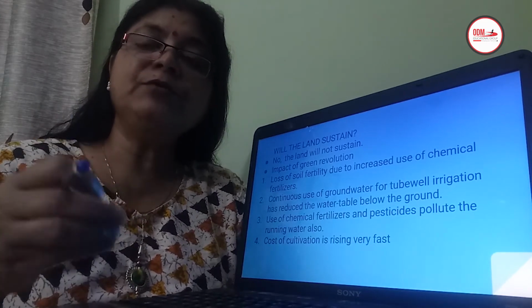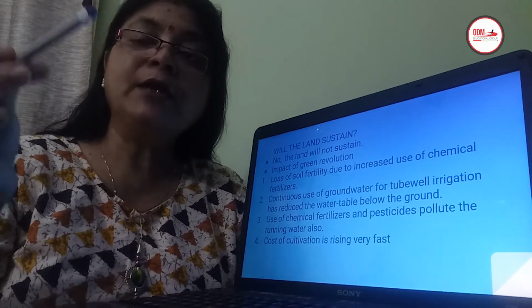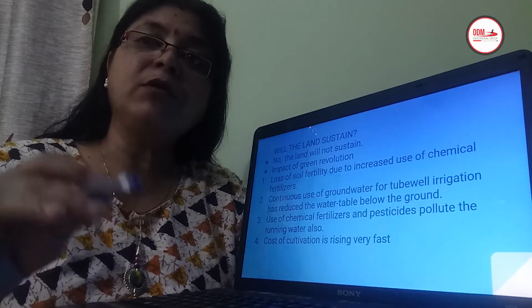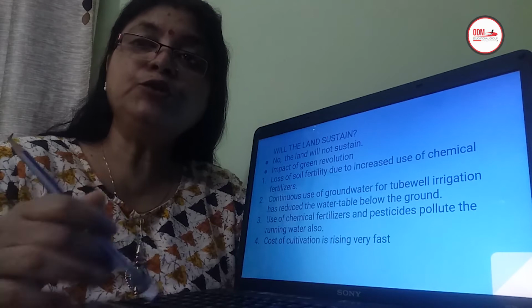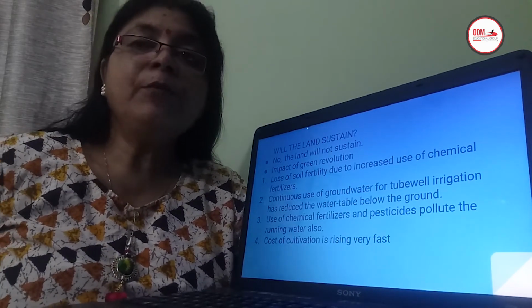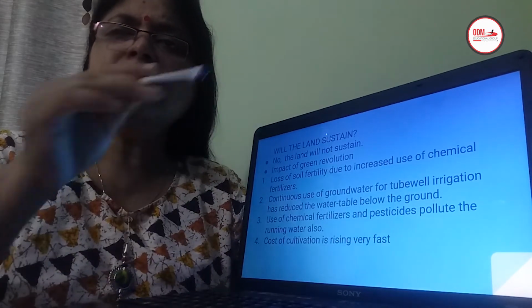And besides that, we are using chemical fertilizers. Instead of increasing the fertility of the soil, actually it is decreasing the fertility of the soil, because it kills the microorganisms present in the soil, which naturally increase the fertility of the soil. Automatically, the use of pesticides and insecticides also pollutes the running water. These are all the drawbacks.